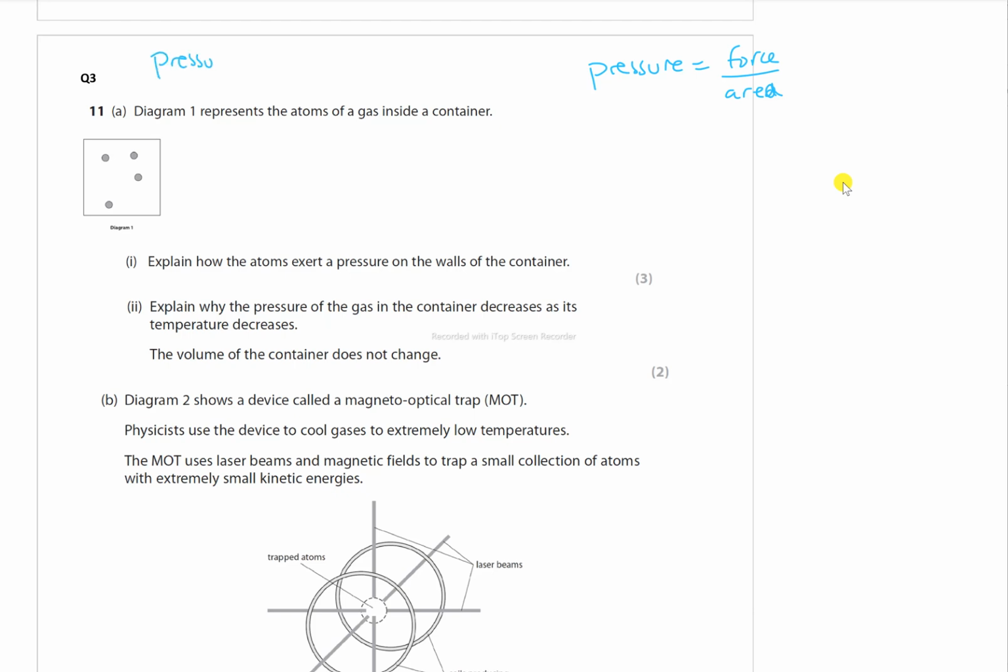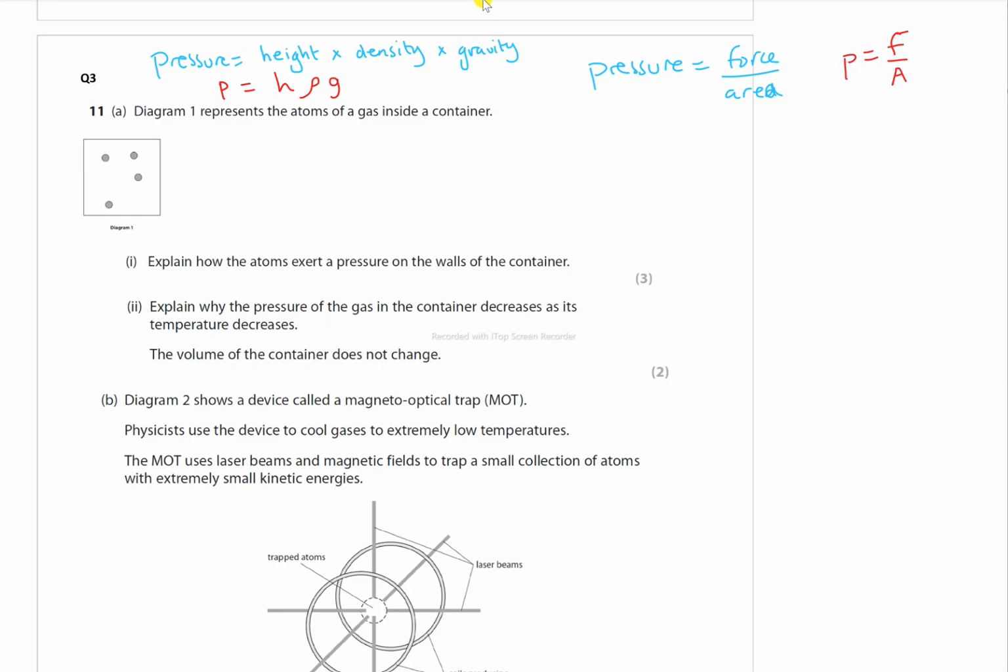Pressure equals height of the liquid times the density of the liquid times the gravity. So P equals h rho g, where rho is the density, and g is gravity, normally 10. And this one is P equals F over A.